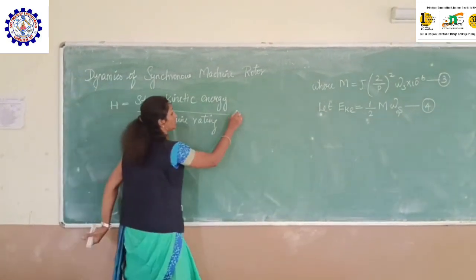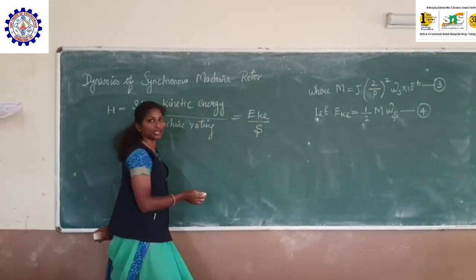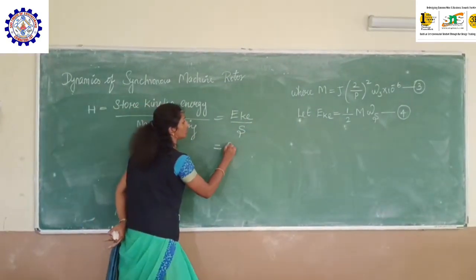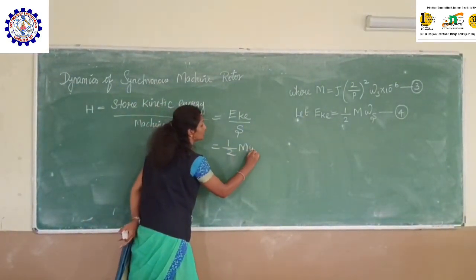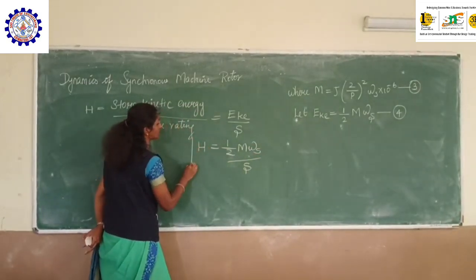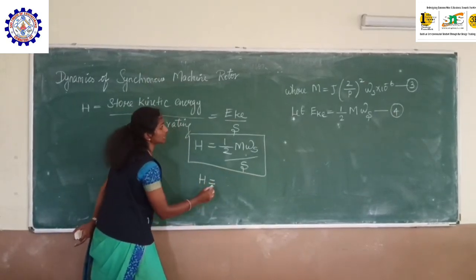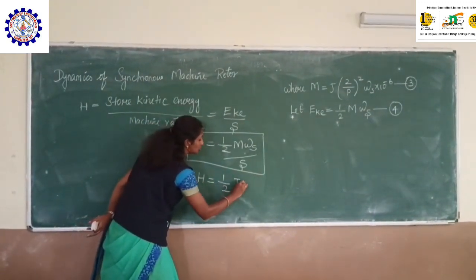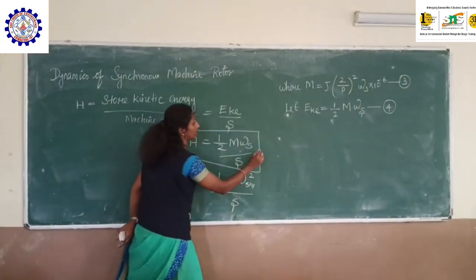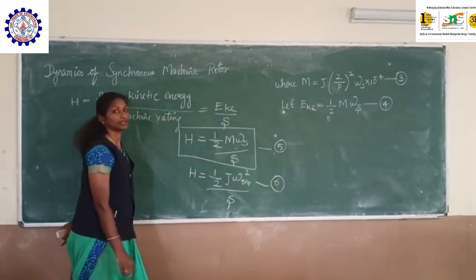So stored kinetic energy, which we have represented as E_K, divided by power rating S is H. So instead of E_K, from equation 4, we can substitute half M omega S square divided by S. So which is one equation for inertia constant, which can also be written as H is equal to half into J omega Sm square divided by S. So let us mark this as equation number 5 and let us mark this as equation number 6.